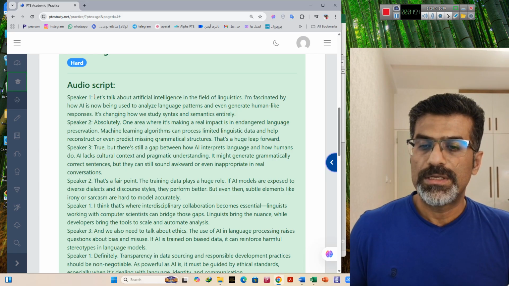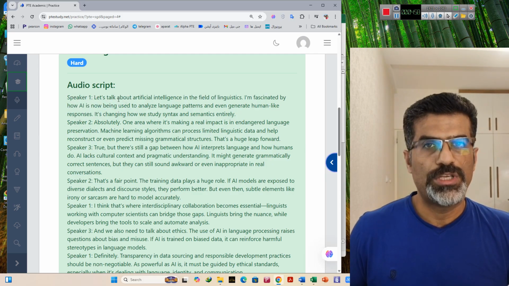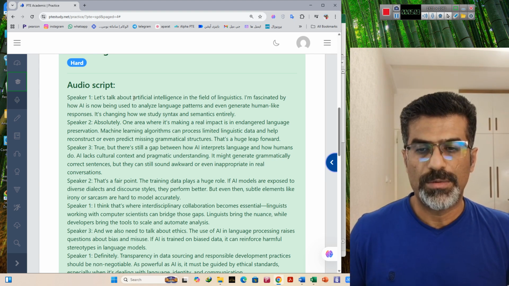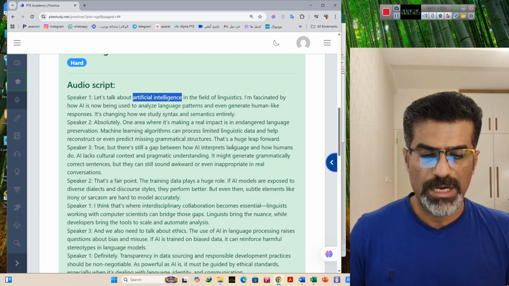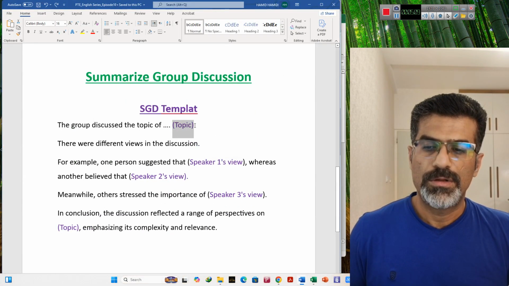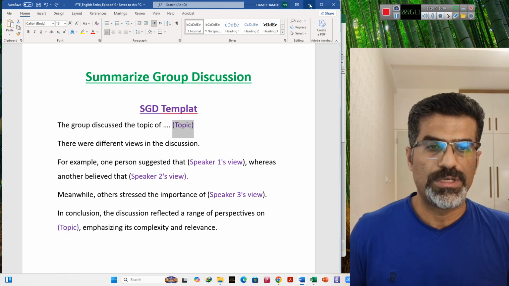So now the speaker 2 started speaking. As I was listening to the first speaker, I needed to take down as many related words to the topic. Of course, the main topic was artificial intelligence. I need to put it here at the end of the first sentence. So the group discussed the topic of artificial intelligence.